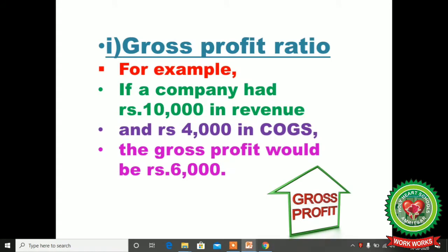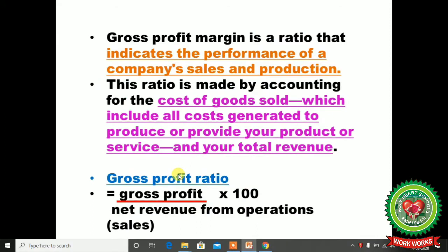So gross profit ratio. For example, if a company had rupees 10,000 in revenue and rupees 4,000 in cost of goods sold, the gross profit would be 6,000. See, in this case total revenue is 10,000, but the production cost of 4,000 is deducted from the 10,000 and the 6,000 is your gross profit.